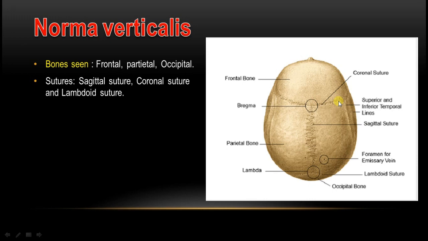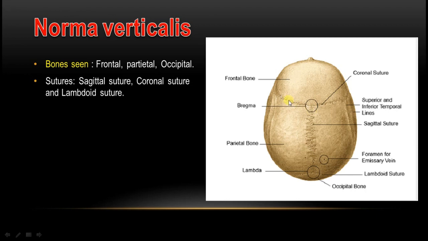Again, it lies in the coronal plane. This is the coronal suture, and this is the sagittal suture. Behind, you see another suture which is roughly triangular and represents the symbol lambda, which is why it is called the lambdoid suture. So: coronal suture, sagittal suture, and lambdoid suture.